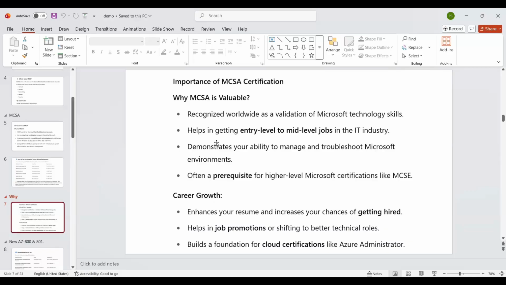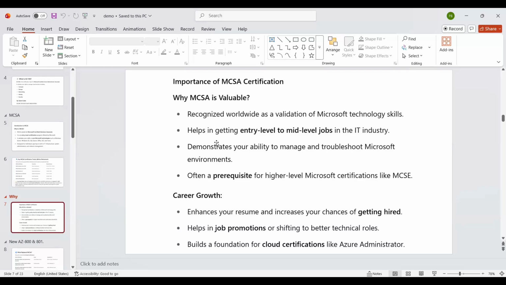It helps in getting entry-level to mid-level jobs in the IT industry. After completing this certification, you can go for entry-level or mid-level jobs. You can apply for tech support engineer, IT support engineer, system support engineer.